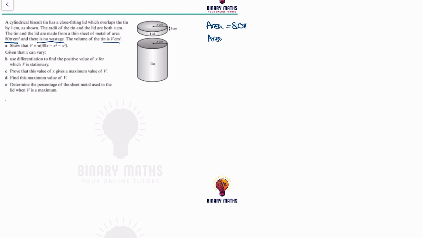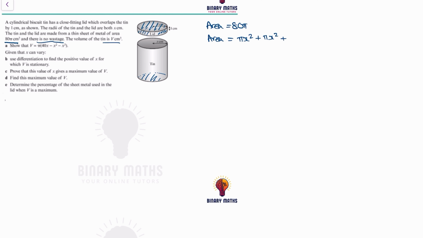But area is also equal to the area of all these things together. So it's going to be the area of this circular part, which is equal to pi x squared. But then we have another one at the bottom, so plus pi x squared. Plus this part of the lid, which is equal to, sorry, let me just rub this out.